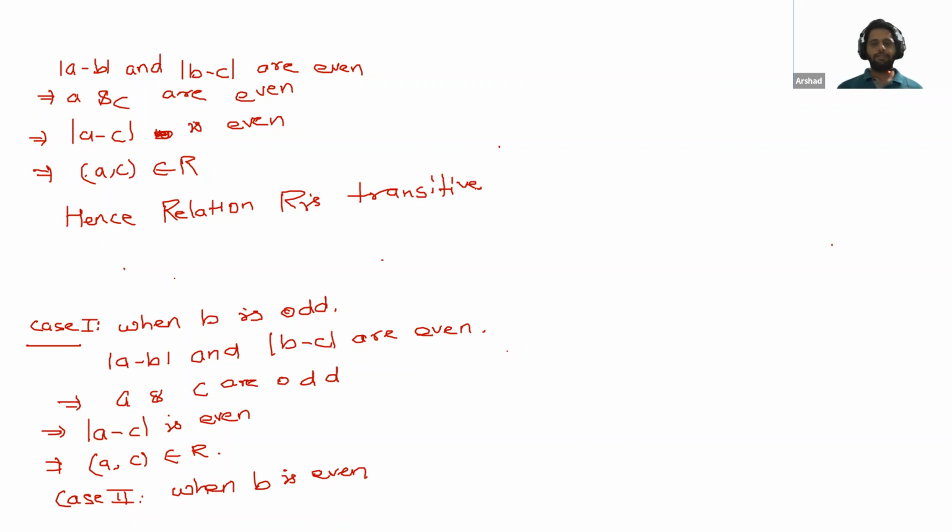So the biggest challenge in this chapter is how to represent your answer. At the start of the question, you already know that this is reflexive, symmetric, and transitive. But how to represent your answer, that is the main task. Please note down this. There is a second part in this question. So first of all, note down this and confirm with me, then we will check the second part.